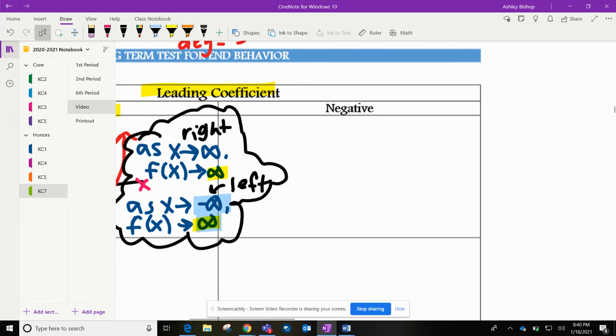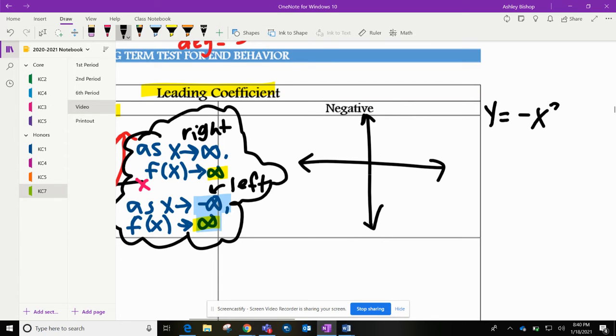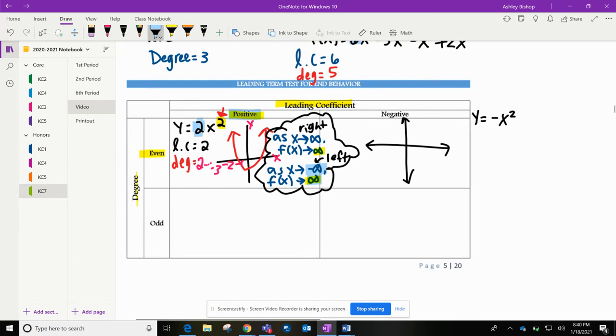If I have an example where that's negative, I'm going to have a graph that looks like this. And let's just say the example is y equals negative x squared. So this means I have a negative leading coefficient. My number in front is a negative, but still I'm in the even degree column.